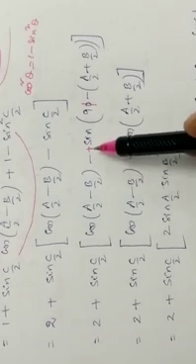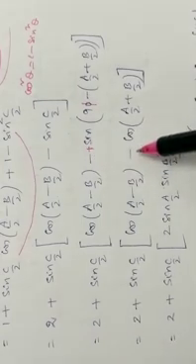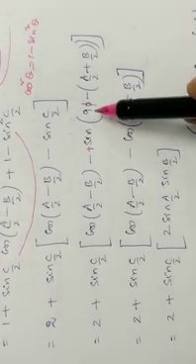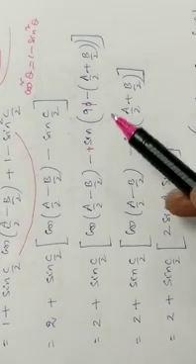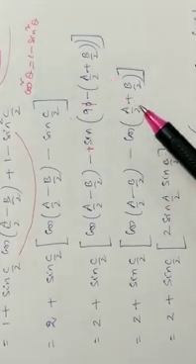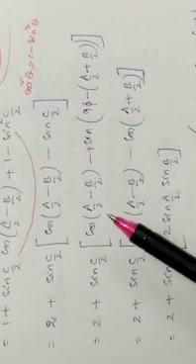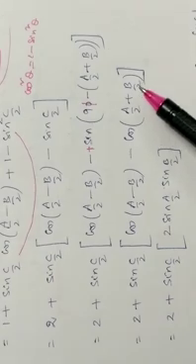Minus into plus is minus. 9 is odd, sine becomes cos. What is theta? A by 2 plus B by 2 is theta. So, cos A by 2 minus B by 2 minus cos A by 2 plus B by 2.